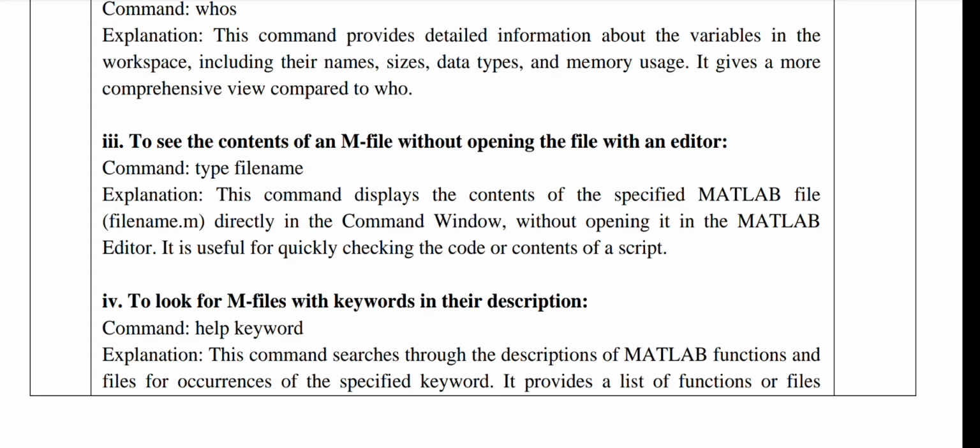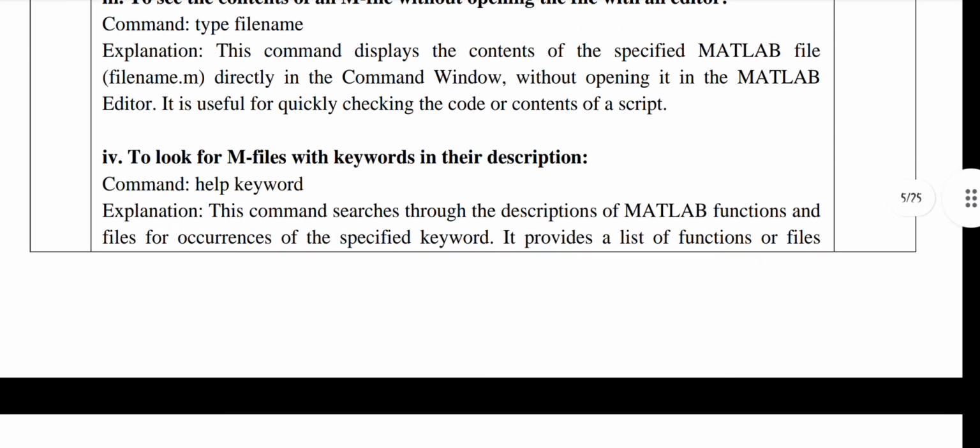Fourth, to look for M-files with a keyword in their description, the command is help keyword. This command searches through the descriptions of MATLAB functions and files for occurrences of the specified keyword.